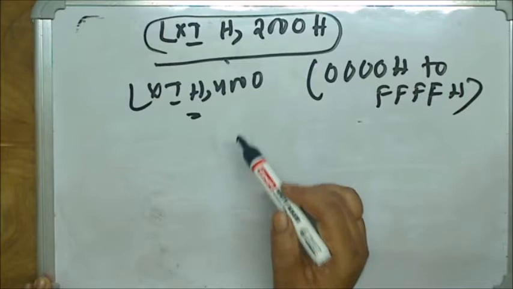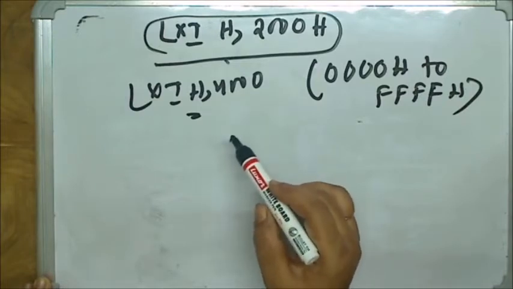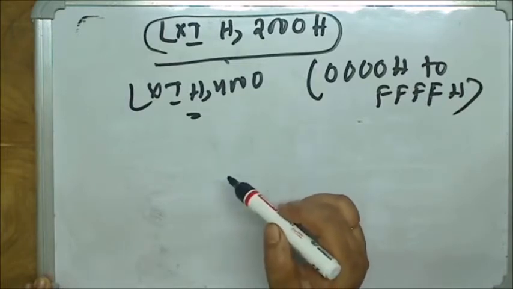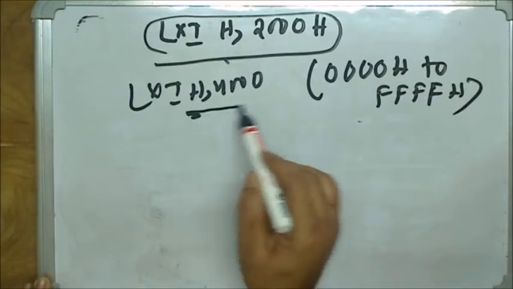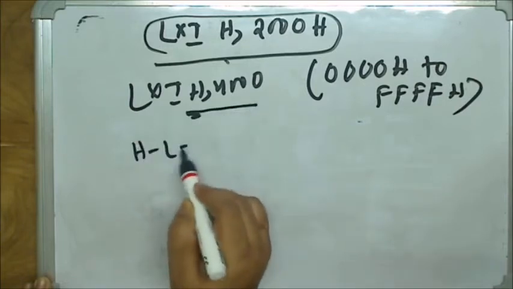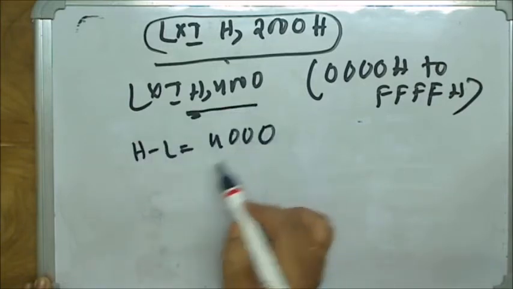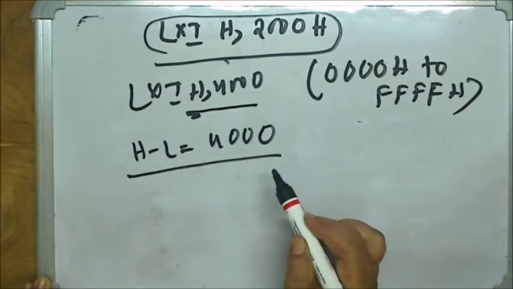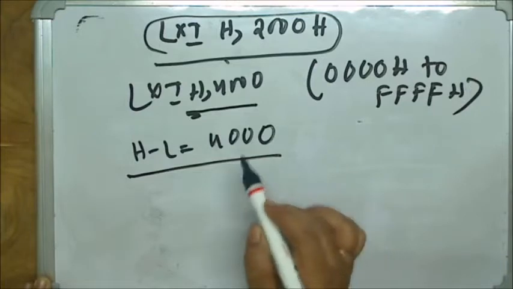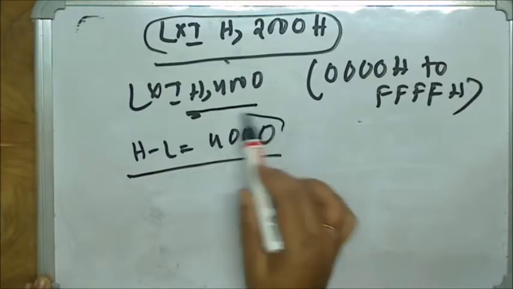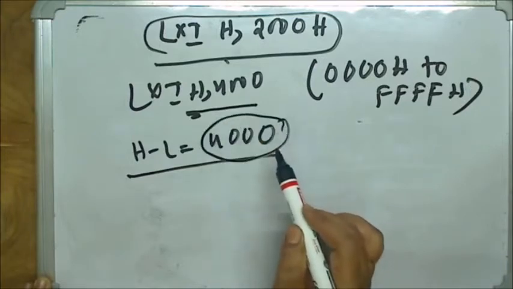So whatever value is there in the HL pair will act as an address every time you write M. Now the HL pair is loaded with the value 4000, so every time, this 4000 will act as an address.